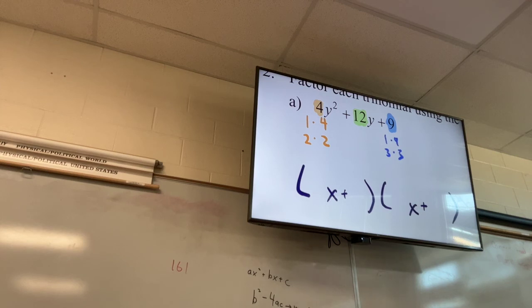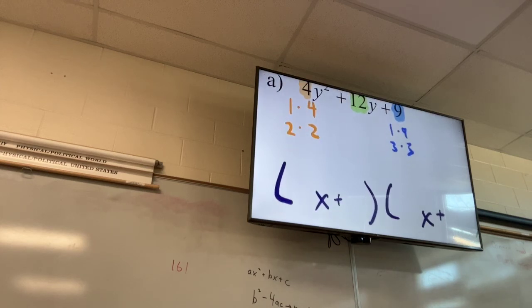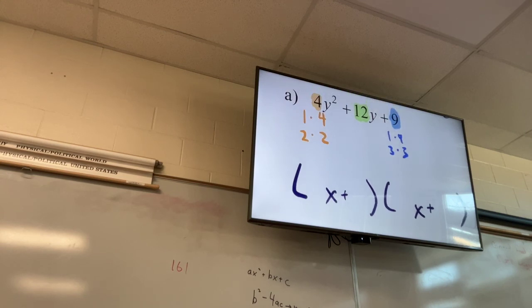Now what we have to do, how do I explain this? When we factor this correctly and FOIL back out, we've got to get the original problem back. I think it should be y, shouldn't it? Sorry, let me write y's here.